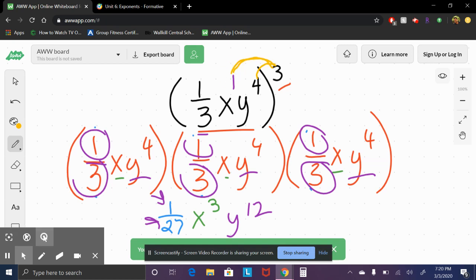So 3 times 1 is 3. 3 times 4 is 12. If I did this, I would have to give these 3's also, so 1 to the third over 3 to the third. So that's a shortcut. That's actually the power of a power rule: you keep the base and multiply the exponents.